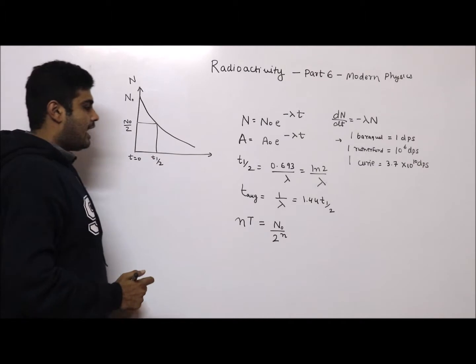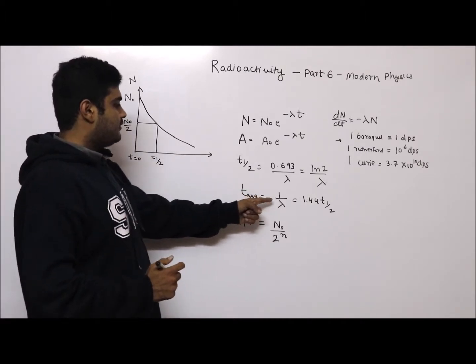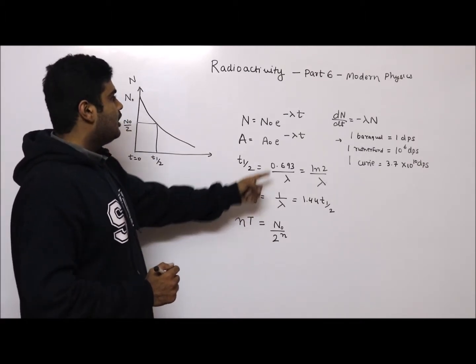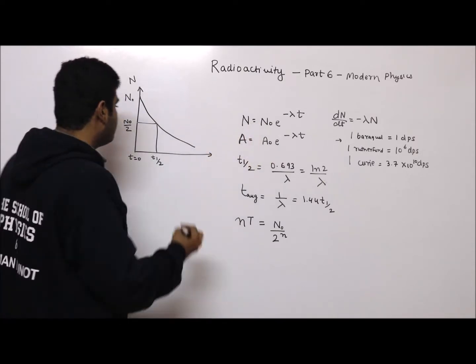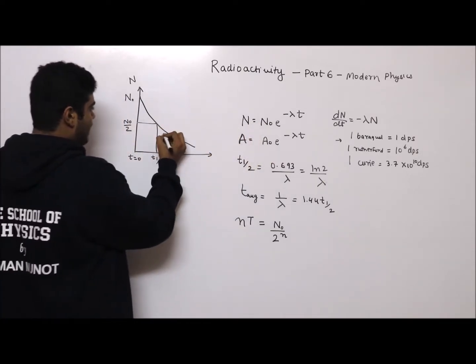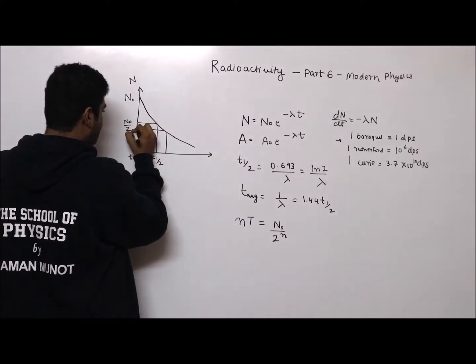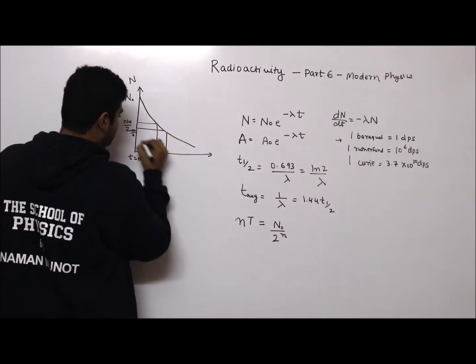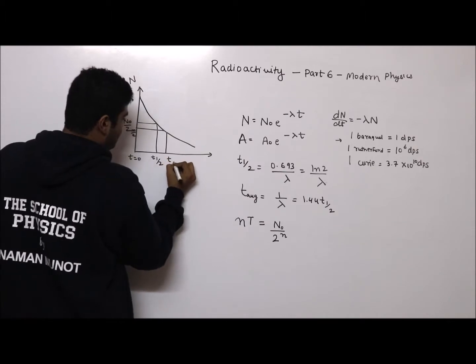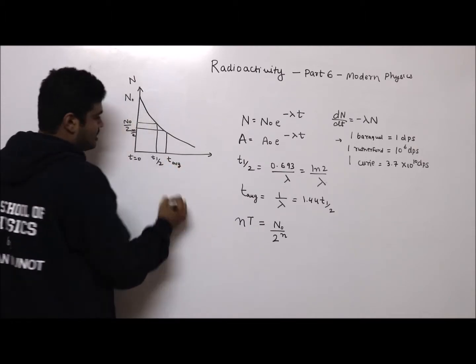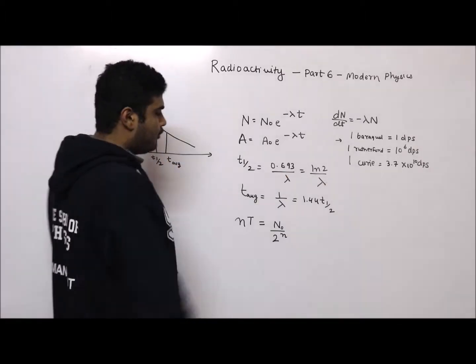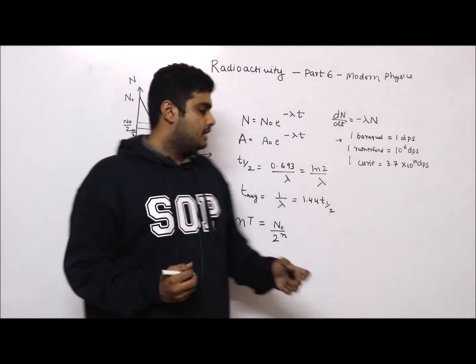And then there is this average life. Average life is the time when N becomes N₀/e, and this average life is given by T average, which equals 1.44 times T half.